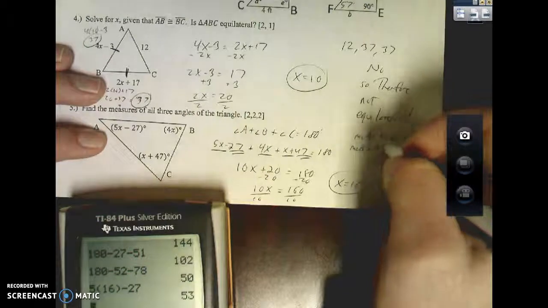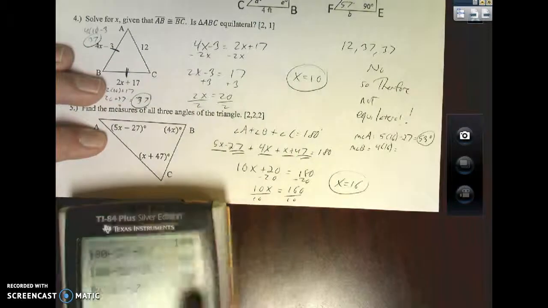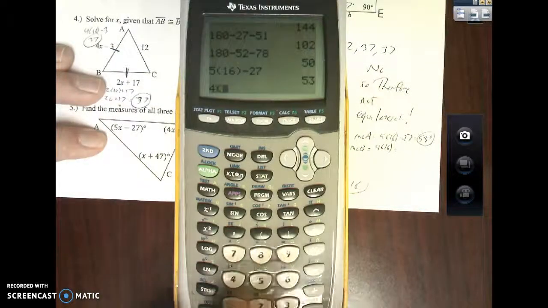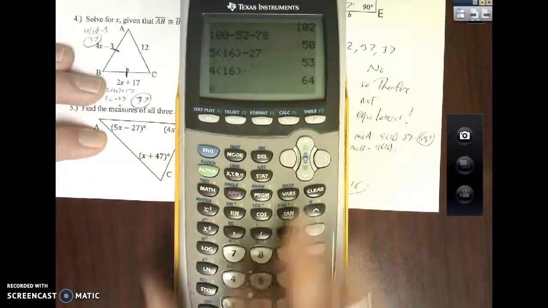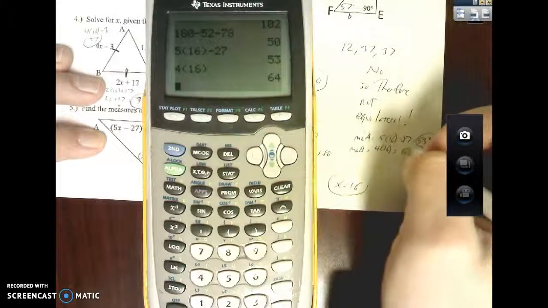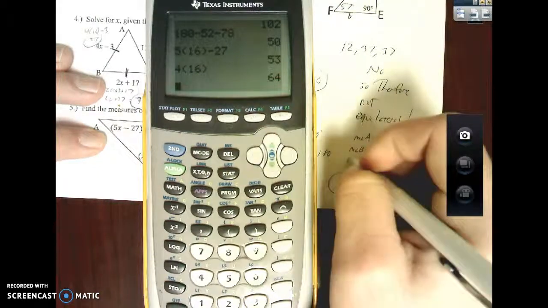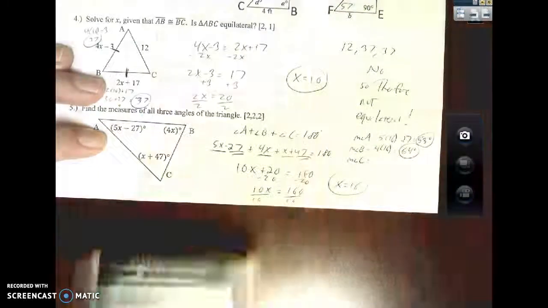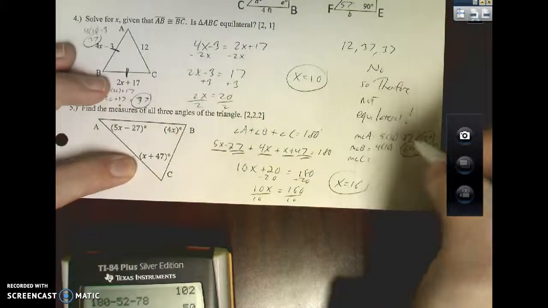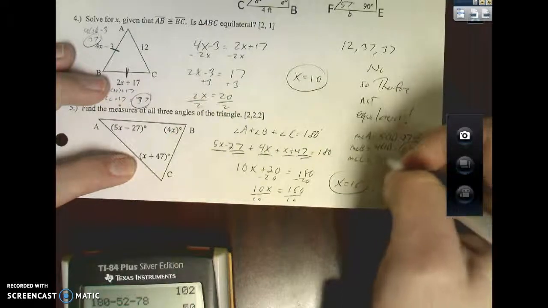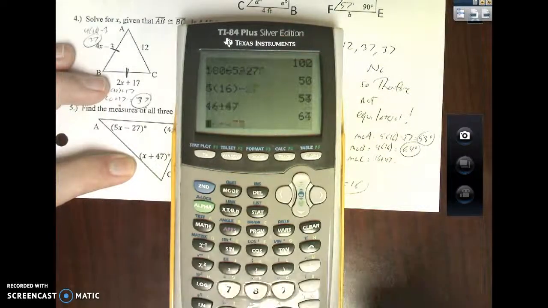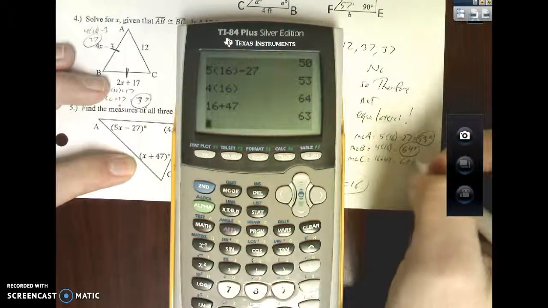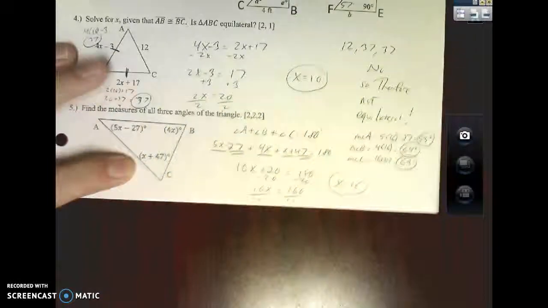Measure of angle B is 4x, so 4 times 16. 64 degrees. And then, lastly down here, x plus 47 is 16 plus 47. 63 degrees. Okay, so there's my three angles.